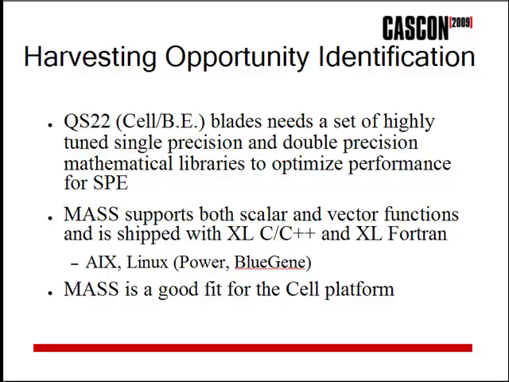MASS supports both scalar and vector functions and is already shipped with XLC and C++ and XL Fortran compilers, and it's already running on AIX and Linux on Power and BlueGene platforms. So MASS becomes a naturally good fit for the Cell platform because it can exploit the multi-core architecture.